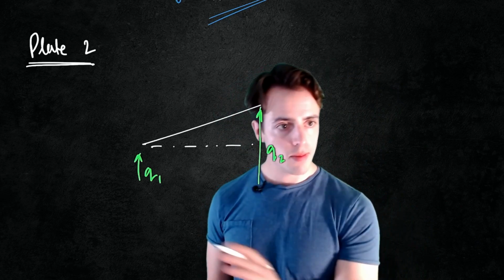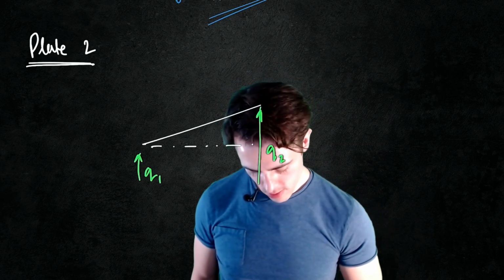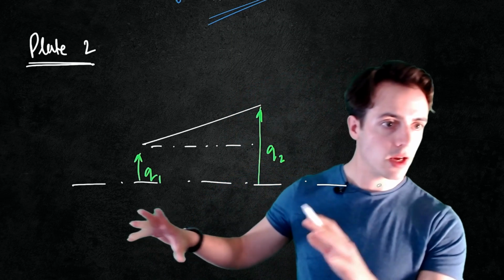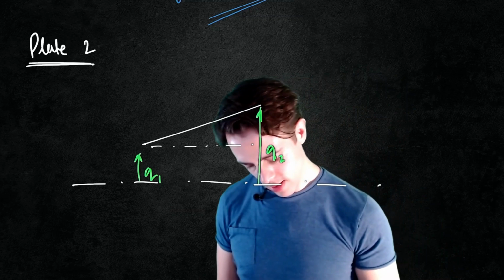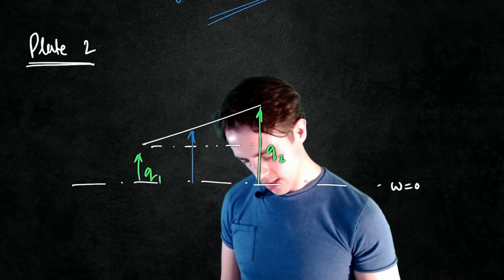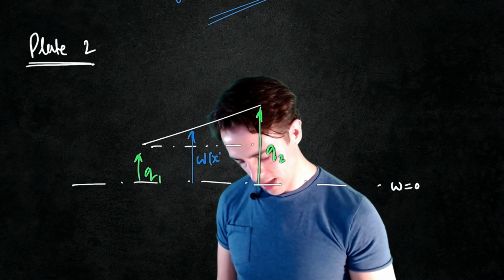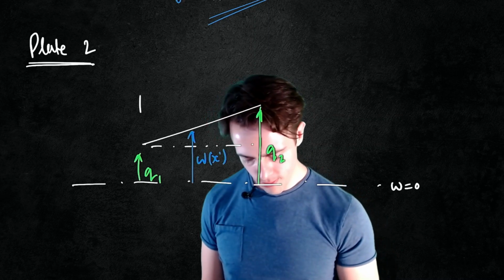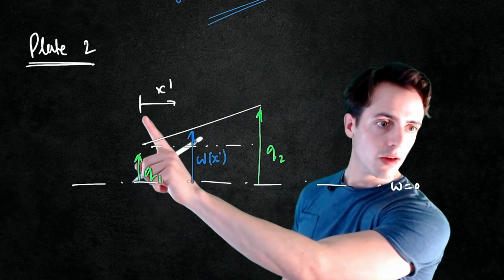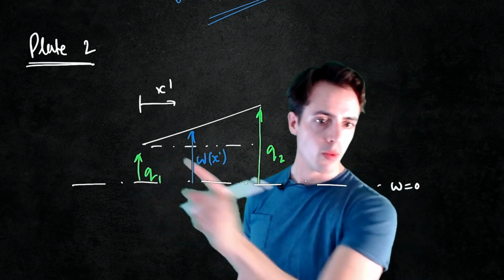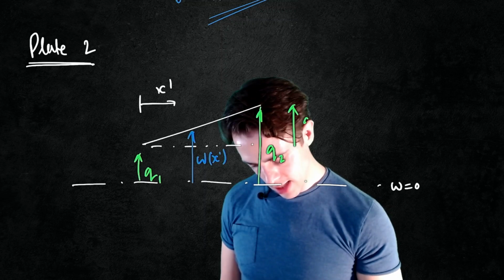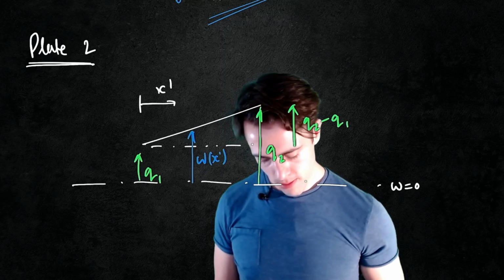So this is my nominal undisturbed line, where W is equal to 0. We're then looking for this displacement W here as a function of x prime, where x prime is this ordinate starting at this position, the boundary between plate 1 and plate 2. So this displacement here is Q2 minus Q1.